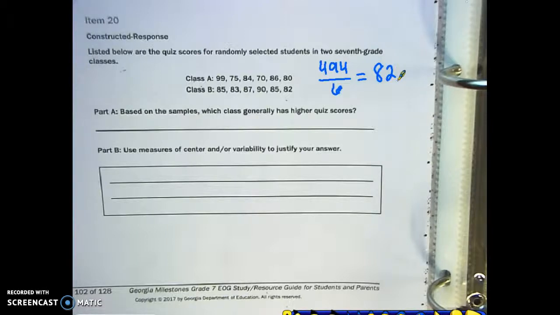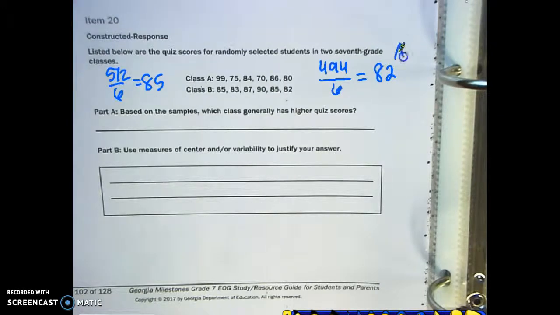For Class B, that is 85 plus 83 plus 87 plus 90 plus 85 plus 82, which is 512, divided by 6 is 85. Of course, I'm rounding. Based on the samples, generally speaking, Class A has lower scores.